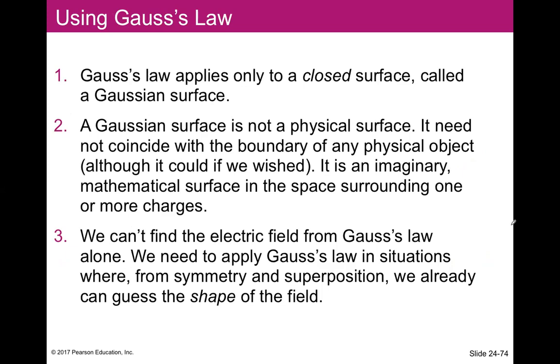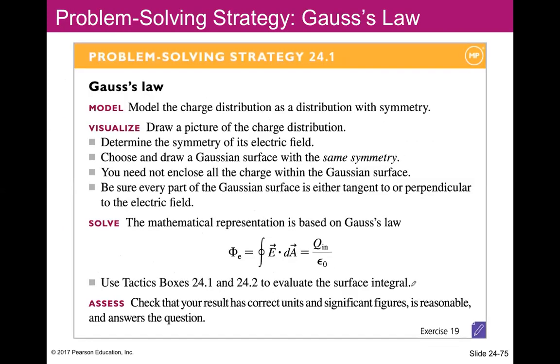Then we need to apply Gauss's law on those surfaces using some symmetry and superposition. When we apply a Gaussian surface in a specific symmetry, the calculation could be very easy. Now let's see some examples.